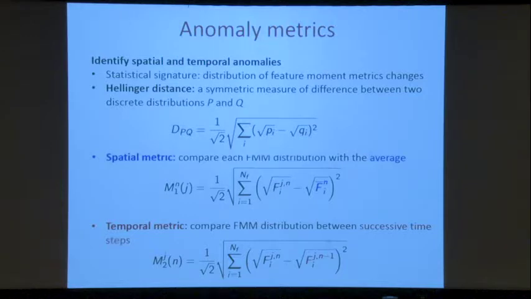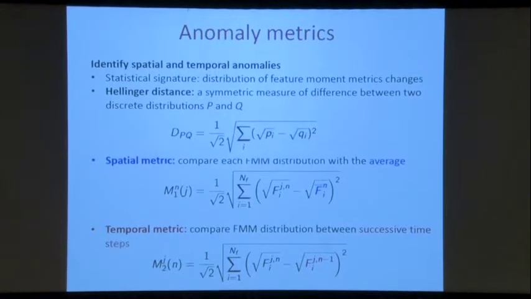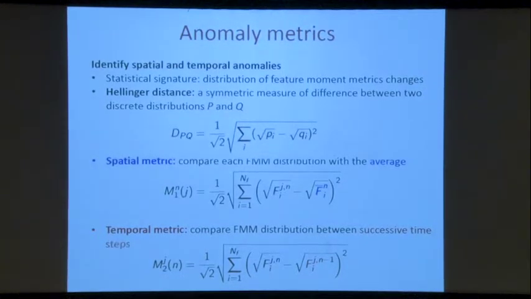So then how do we define an anomaly metric out of the feature moment metric? In particular, the statistical signature for this is to see how the distribution of the feature moment metrics change, either spatially at a given time or temporally, if you're just tracking a given feature as it evolves in time.